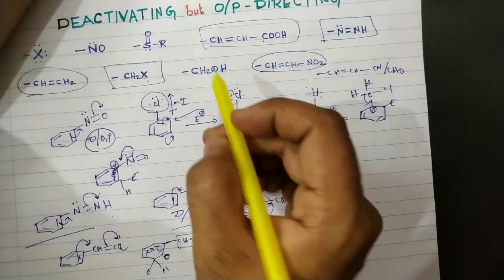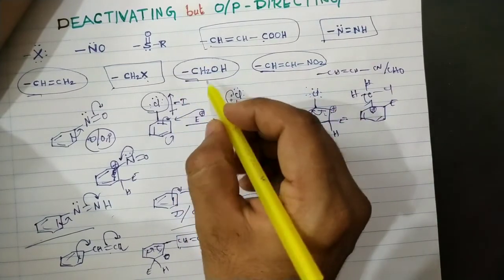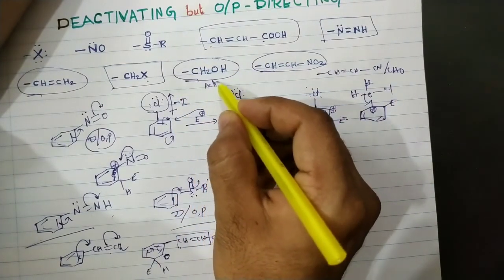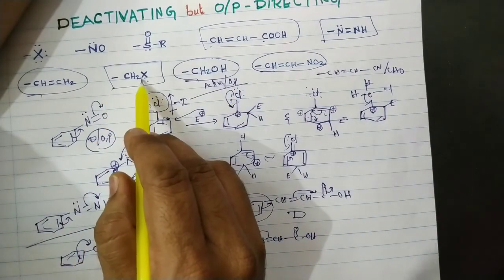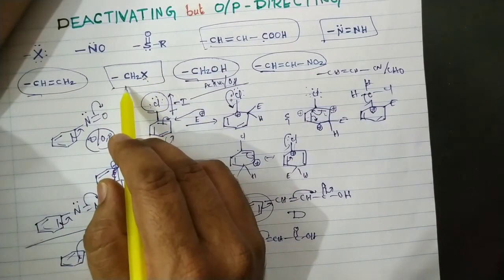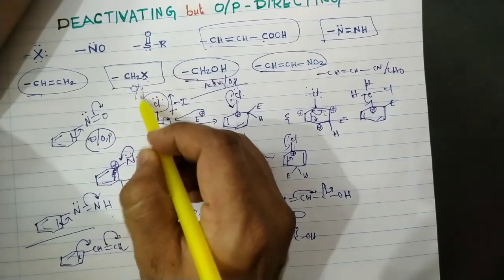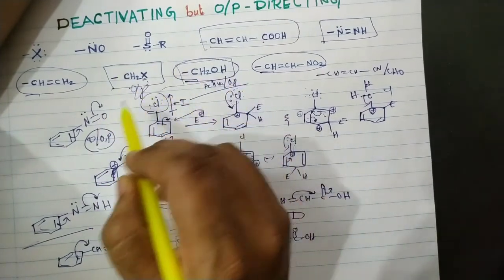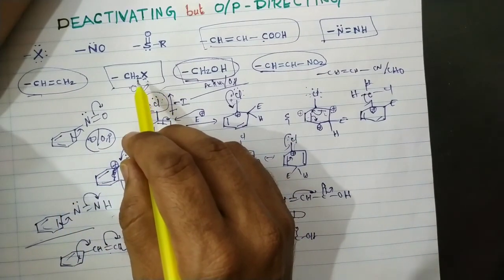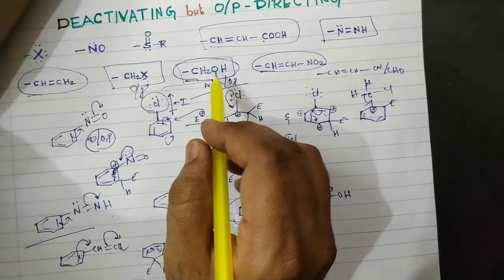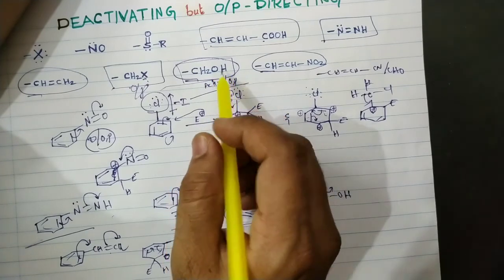Okay. Now here, CH2OH is an activating group, actually activating and ortho para directing. CH2Cl or CH2Br or CH2I, these are deactivating but ortho para directing. Here why is CH2OH activating and ortho para directing? The minus effect of the halogens is higher than that of the oxygen, so here the minus effect of the OH is negligible.